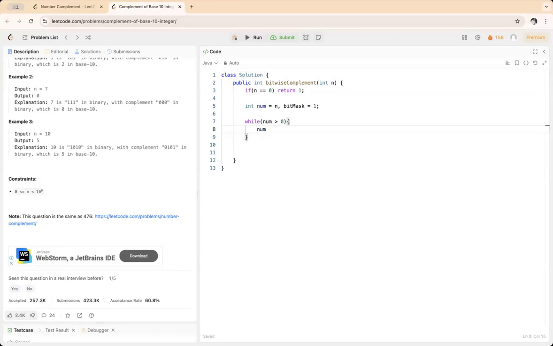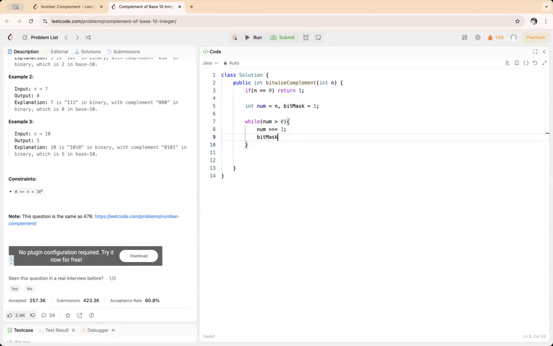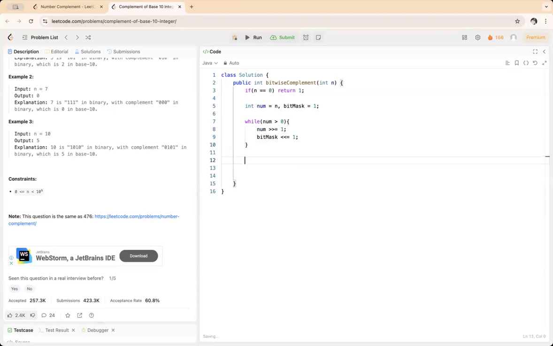we'll be dividing it by 2. Dividing means right shift, so we are shifting the bits by 1. And every time we are right shifting the num value by 1, we do a left shift of the bit mask by 1. So it is getting multiplied by 2, and eventually we'll get some power of 2.